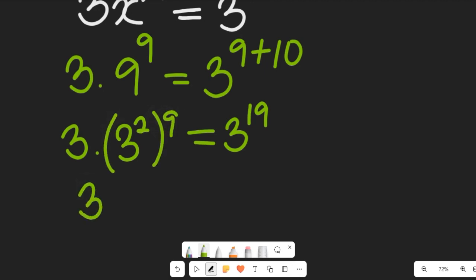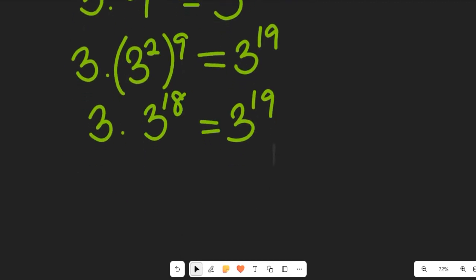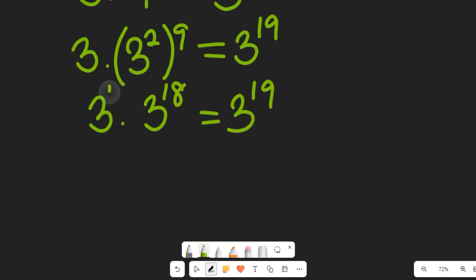And 3 to the power of 2, that will give us 3 to the power of 9 times 2 is 18, and this is equal to 3 to the power of 19. So what do we have? Using the laws of indices, we have 3 to the power of 19 equal to 3 to the power of 19.